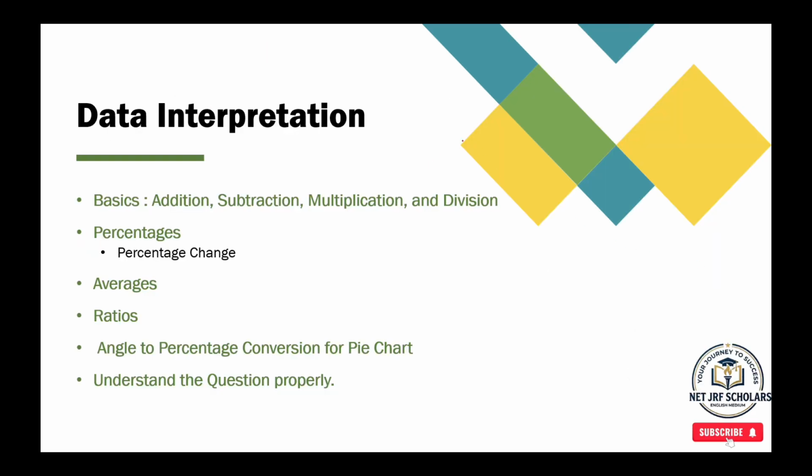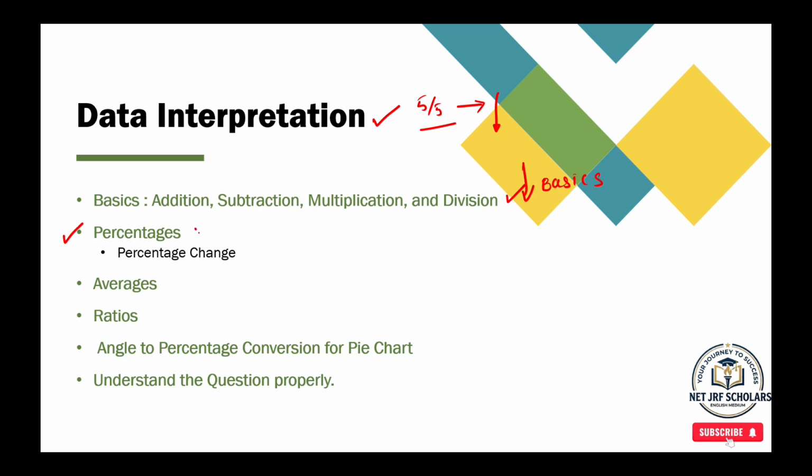First, data interpretation. To attempt 5 out of 5 in data interpretation, you need to learn the below concepts. The first, most important and the basics are additions, subtractions, multiplications, and divisions. After this, we have percentages.